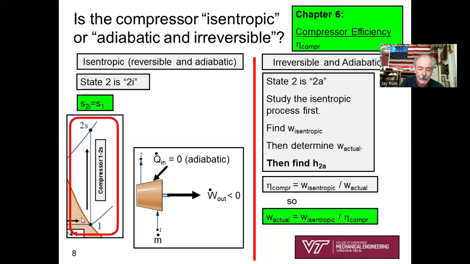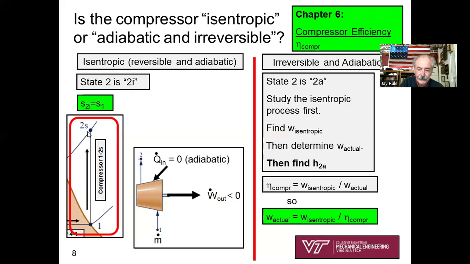So somehow I'm going to be able to determine what is S1 that equals S2. Typically in problem solving, you're going to know the outlet pressure of the compressor. So typically that's given.